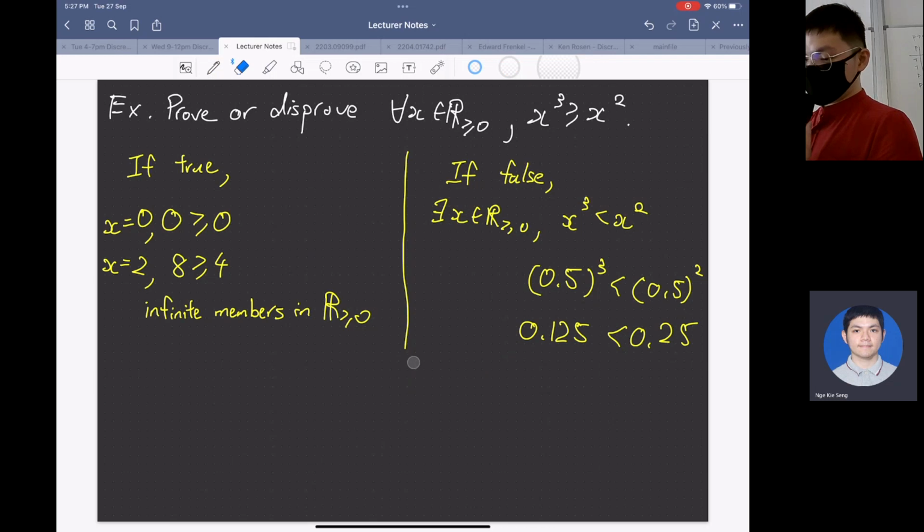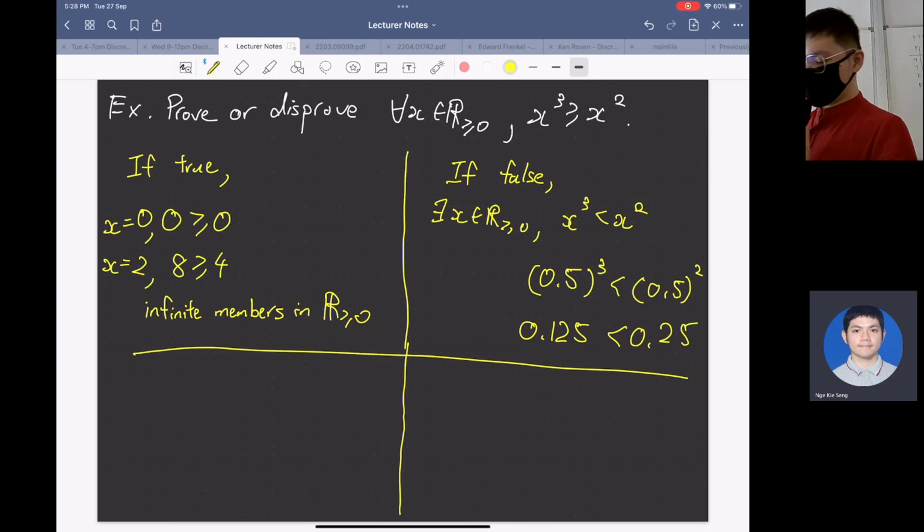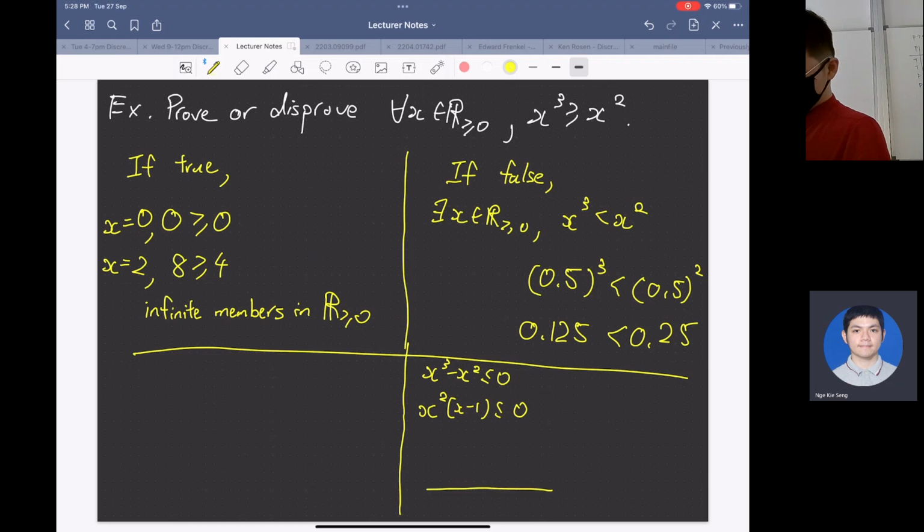I want to remind you of your high school maths. In high school, you rearrange it into something like this, and then you try to factorize. I don't know if you did this table thing, with 0, 1, and so on.